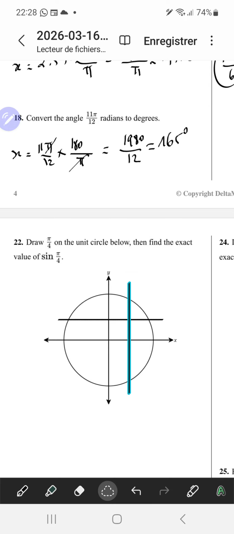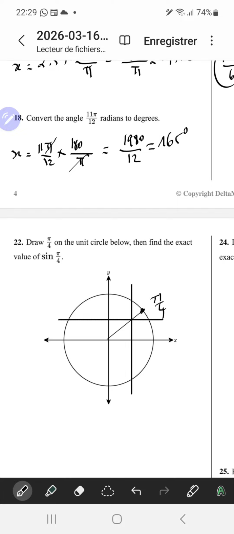But it has to be exactly the, yes. And then do this. So this is pi over 4.